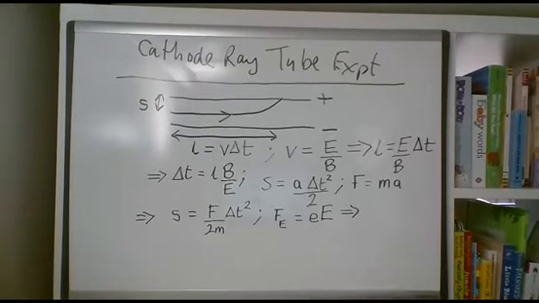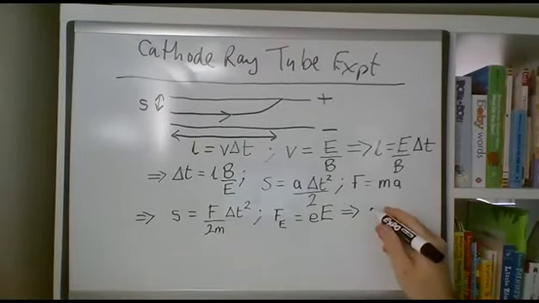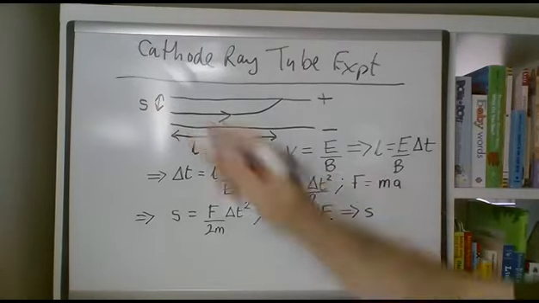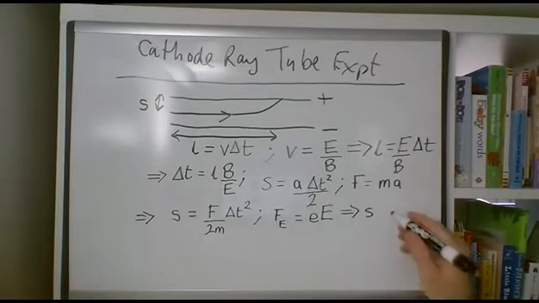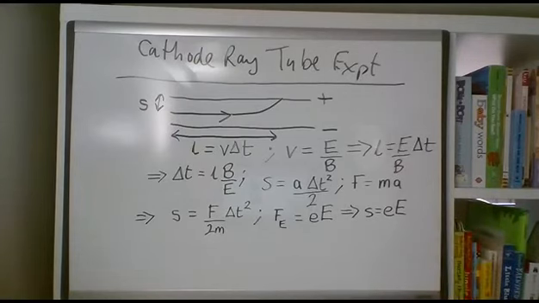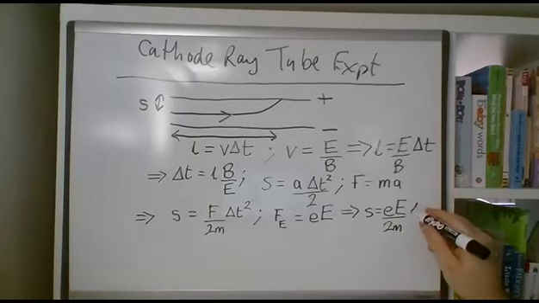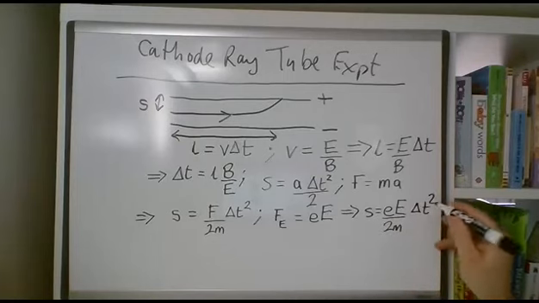If we replace Fe with Ee, this implies that the deflection S is the charge on the electron e, times the electric field E, over 2m, multiplied by the time of flight squared.